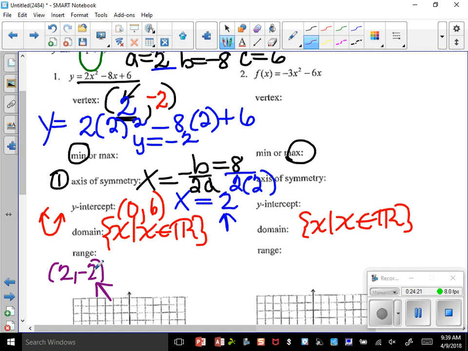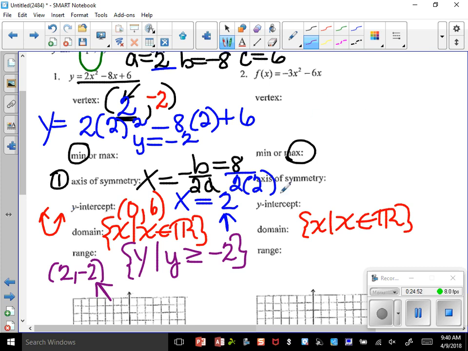Since it's going upward, it's just going to be y such that y is greater than or equal to -2. You can look on your calculator, see the y's start at -2, and then since it's going upward, they just get larger. Always refer back to your vertex, and this is only when your parabolas are going up or down. I haven't done any sideways, just up or down for this rule.